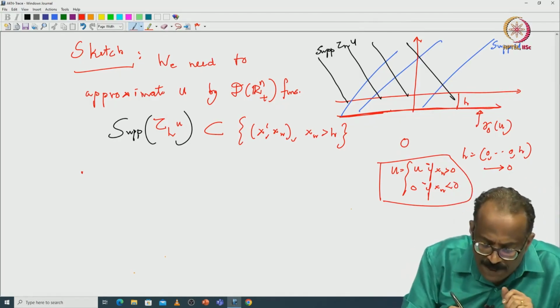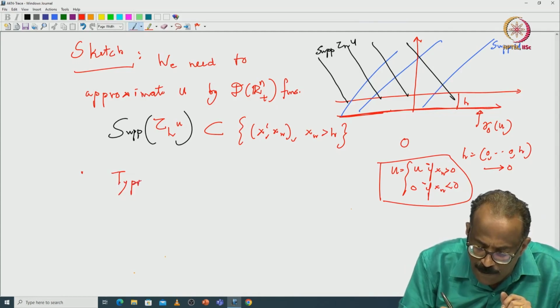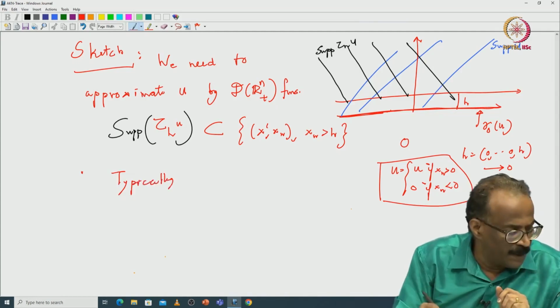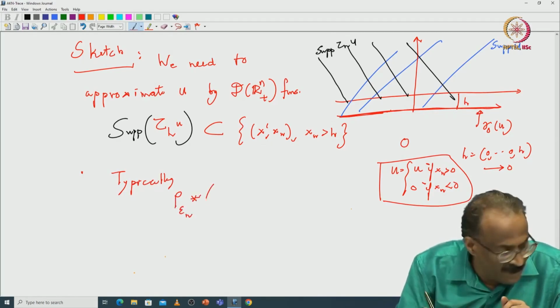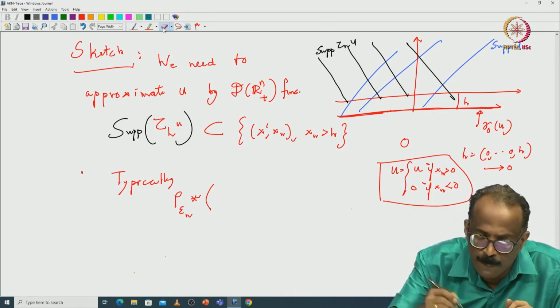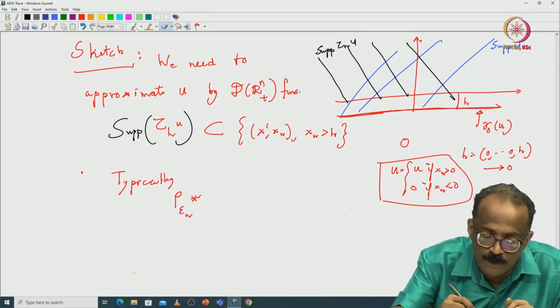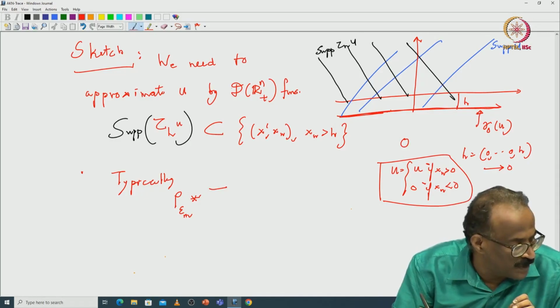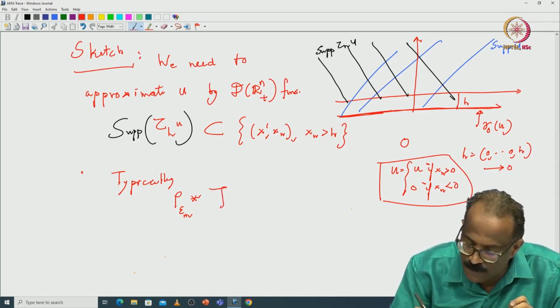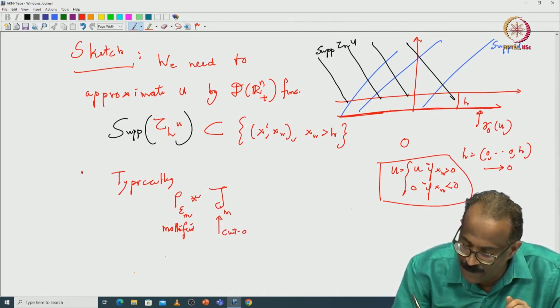Okay. So, typically you choose some rho epsilon, convolve with it, then you have cutoff functions, maybe zeta m, mollifiers, cutoff, and then you will have translation.